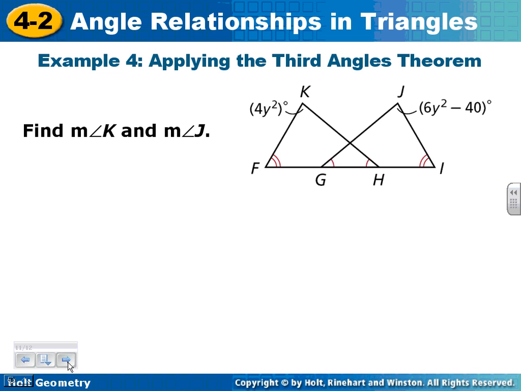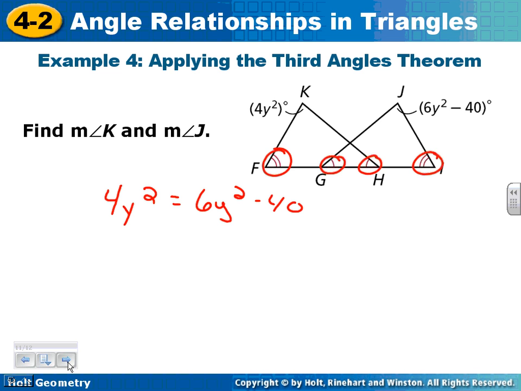If you look at this diagram on the next to last example, these arc marks, I have those 2 angles congruent, and I have these 2 angles congruent. So I have the first 2 angles congruent, so I can assume that the other 2 angles are congruent. So I could write 4y squared equals 6y squared minus 40.